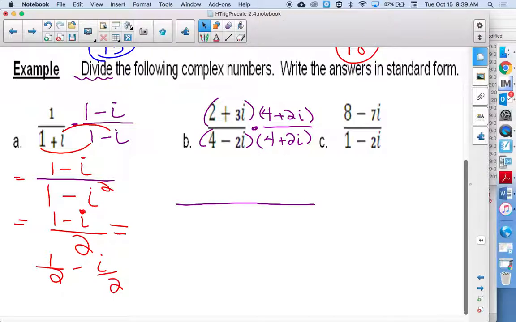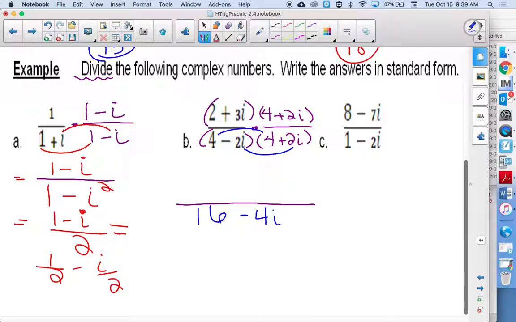Just be careful when you're foiling the top. The bottom, we know the middle terms cancel, so it's multiplying the first and the last terms. We're going to skip letter C.